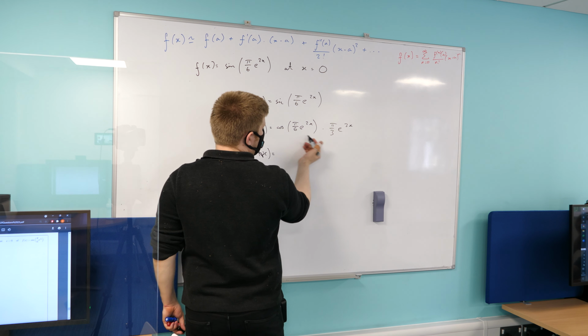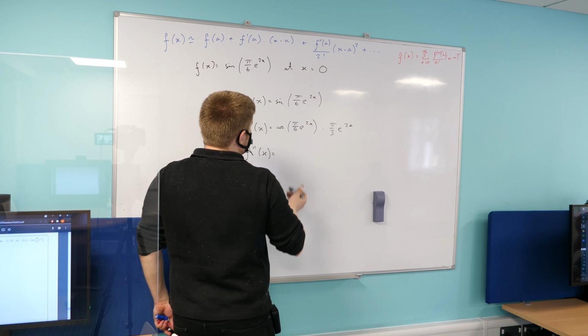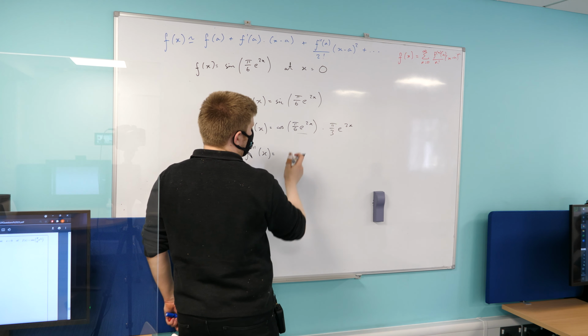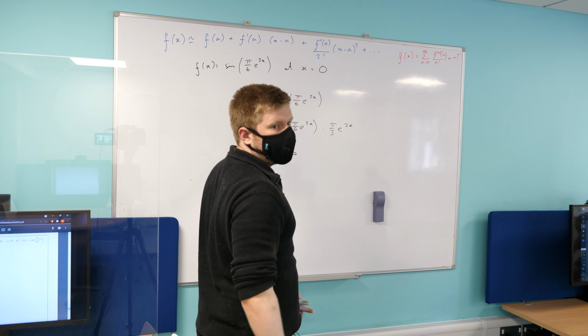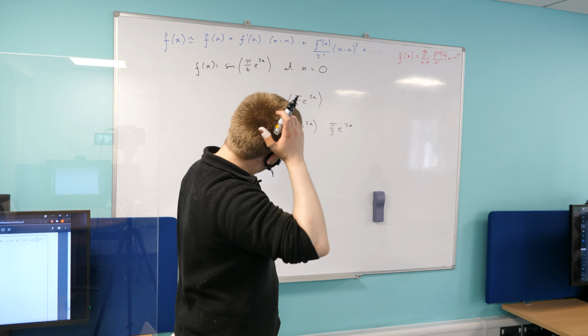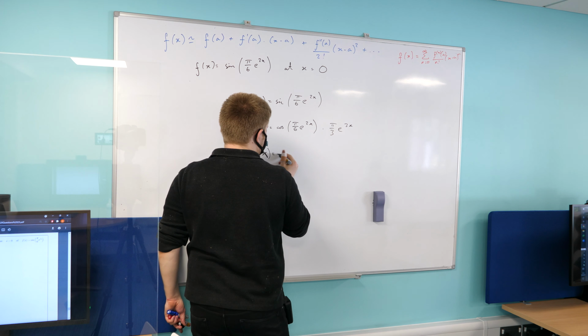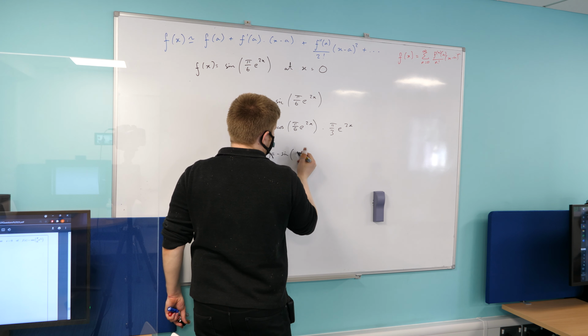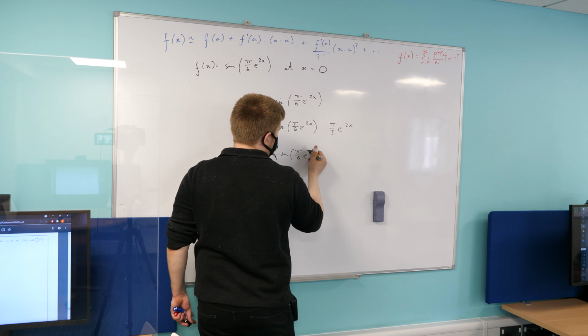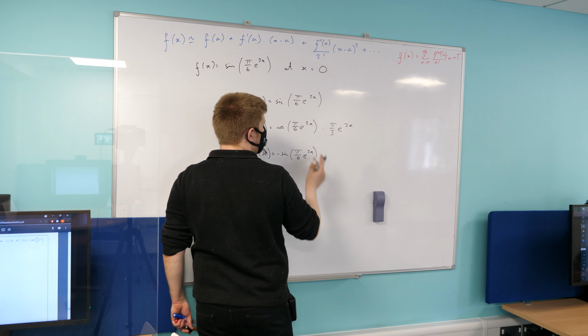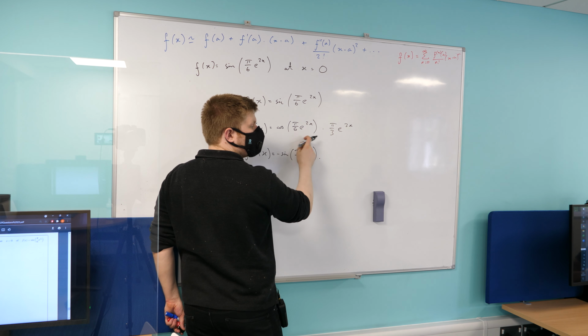So let's start off here, because it's very similar to what we did before. What's the derivative of cosine of pi by 6 e to the 2x? Negative sine, pi by 6 e to the 2x, so leave the inside one alone. Multiplied by, so we haven't finished differentiating this, so what's the derivative of this?